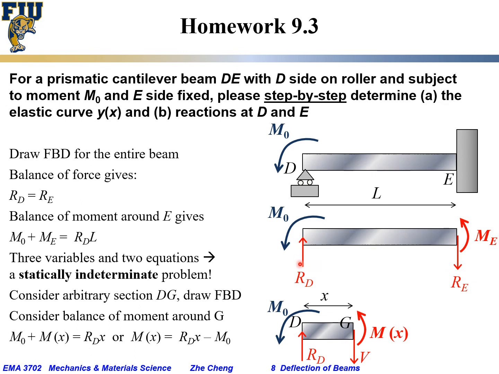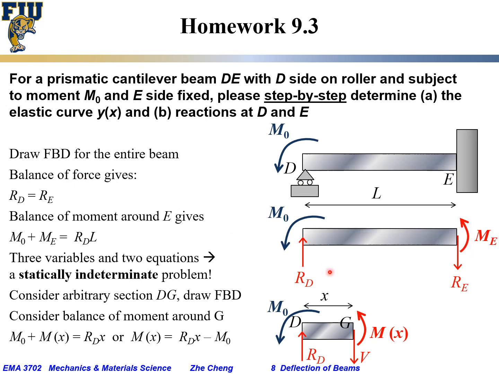Because these two forces are vertical, they should balance each other. So if I draw RD up, RE must be going down. And then let's assume there is also a reaction moment ME from the wall at the E side. Okay, by convention, let's draw it counterclockwise.